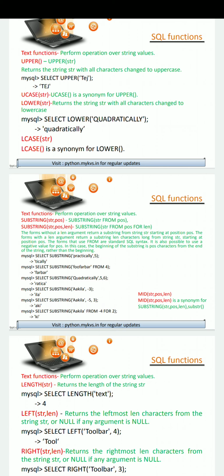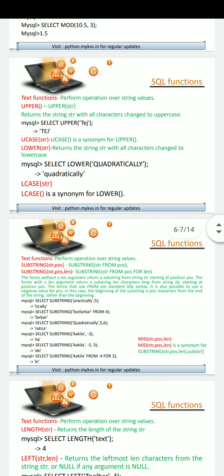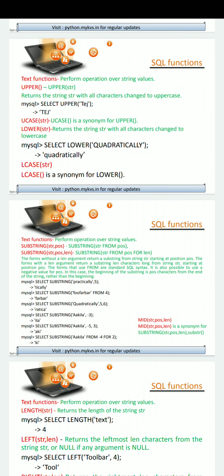So first one is upper. As its name implies, upper converts a string into uppercase, means it returns whatever string is passed inside the upper function with all characters changed to uppercase. For example, here we are writing the MySQL command select upper, and inside the bracket we are passing the string Tej, T in capital and the other two letters in small case, and semicolon.